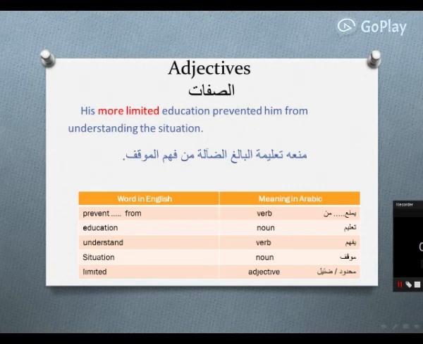So da'il is an adjective. So what we used here is a noun instead of the adjective, and we say البالغ الضآلة. From understanding, which is فهم, the situation. From understanding the situation.